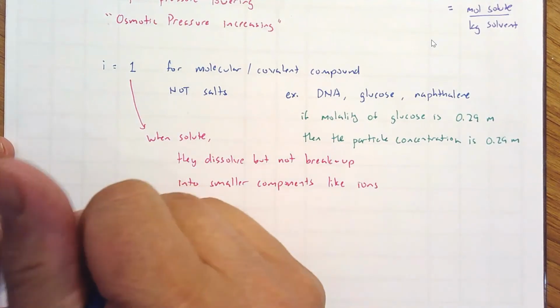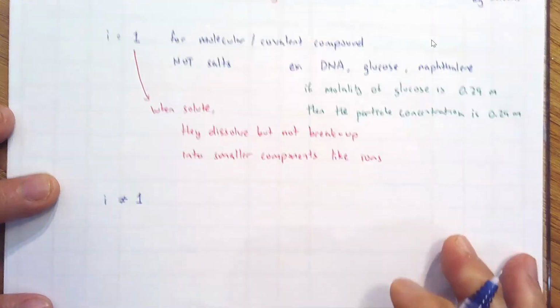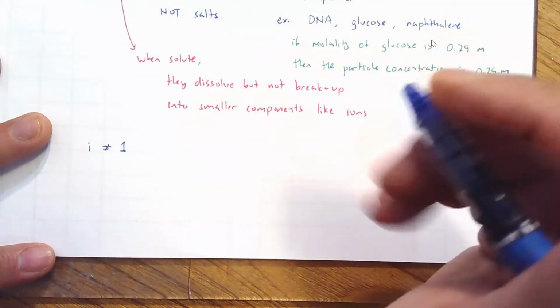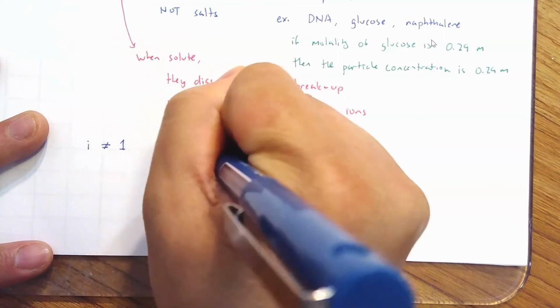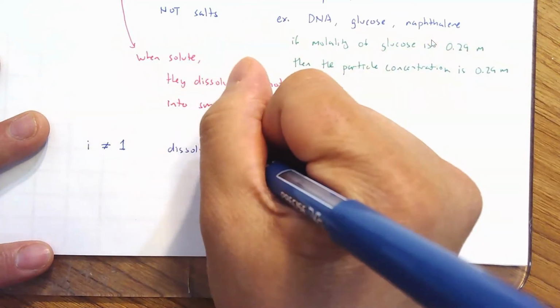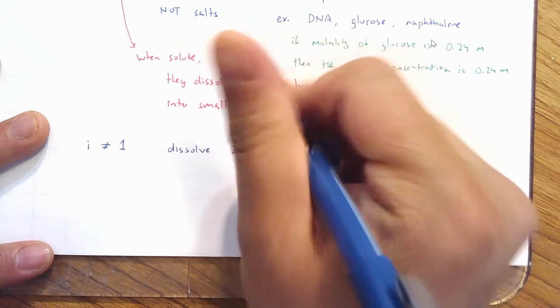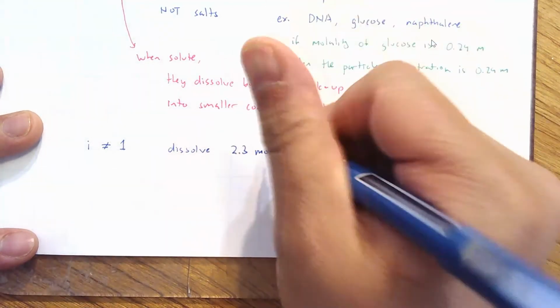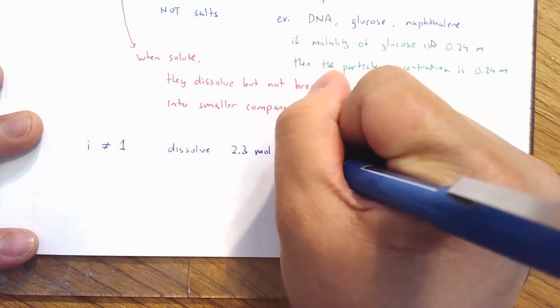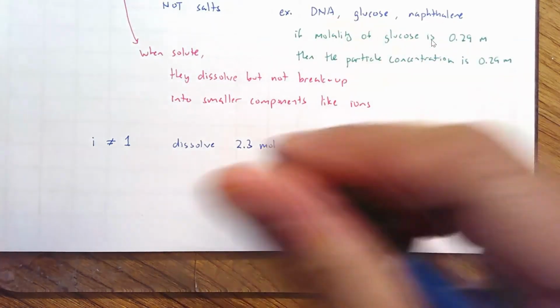So for instance, when i does not equal 1. If I dissolve 2.3 moles, I keep using 2 again, 2.3 moles of sodium chloride, well, we know that sodium chloride will break up into its ions.